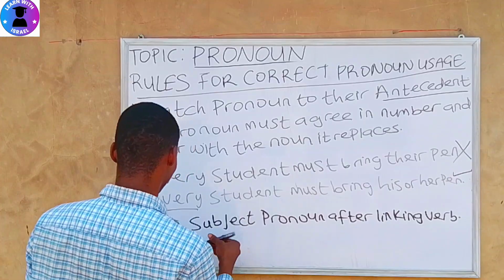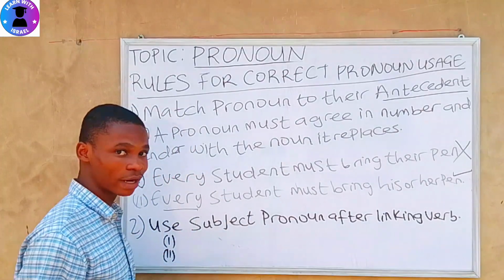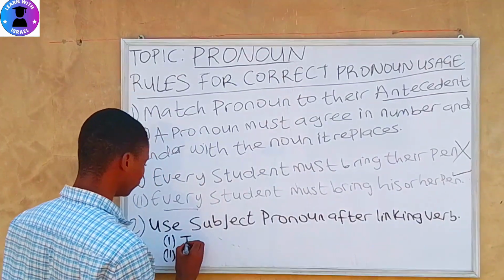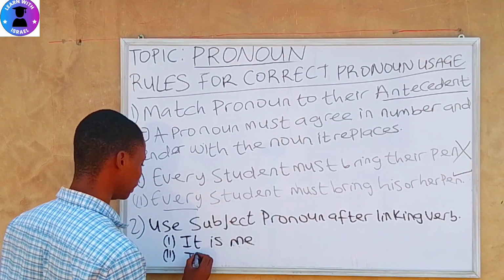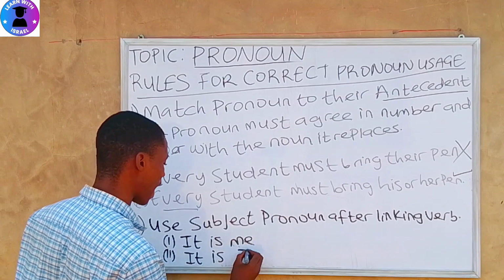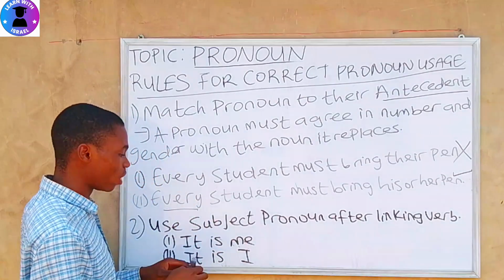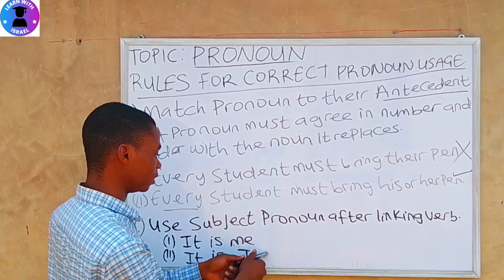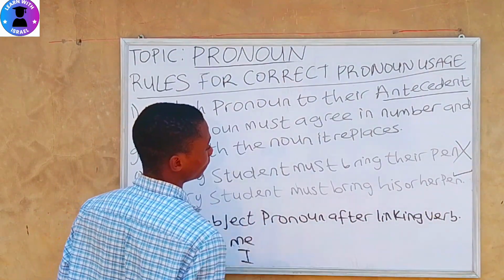So let me give two examples so we can identify the one that is correct and the one that is wrong. It is me. And the second is it is I. So identify the correct one and the wrong one. It is wrong to say it is me. Use subject pronoun after linking verb.